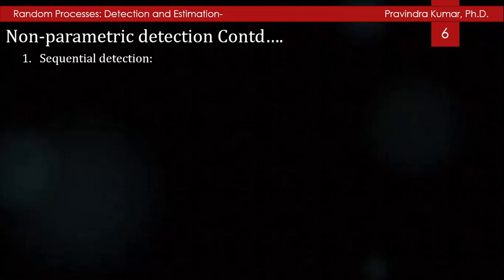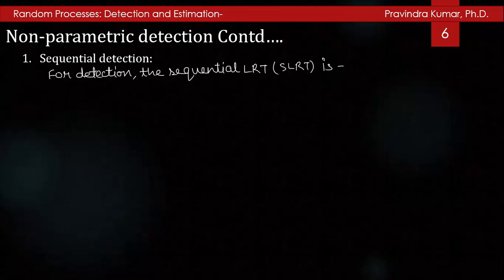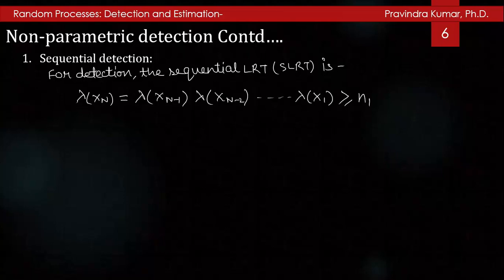For deciding a detection, the sequential LRT or SLRT will be lambda(xN) equal to lambda(xN-1) lambda(xN-2) up to lambda(x1), greater than or equal to N1, and this must be true for this detection.